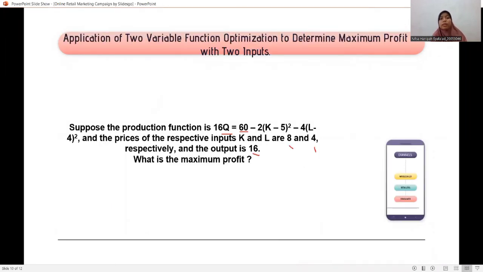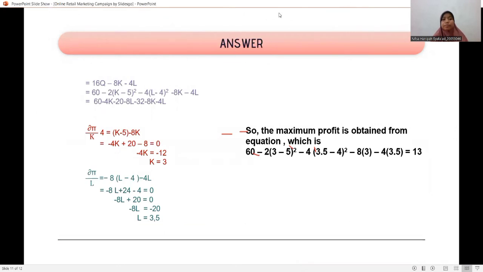We put the production function here, and this is the function, and we substitute it here. K is 5, L is 4.